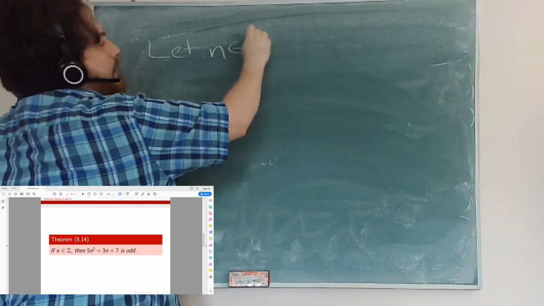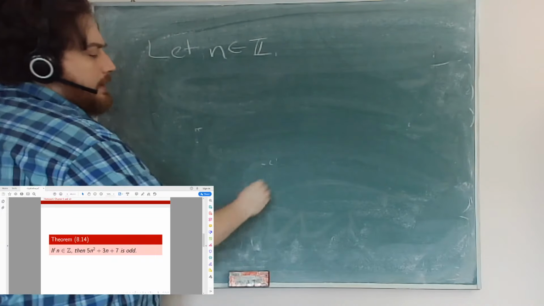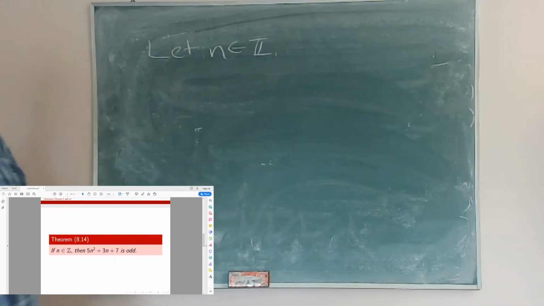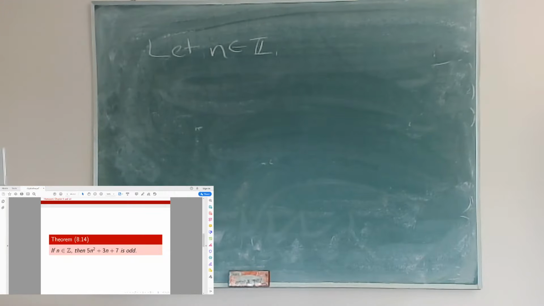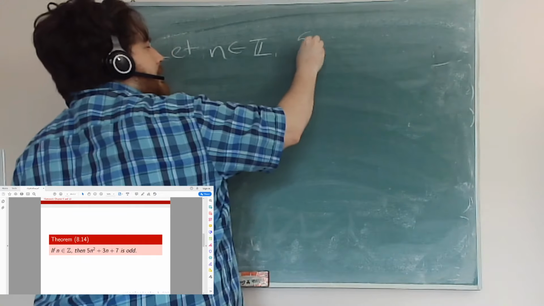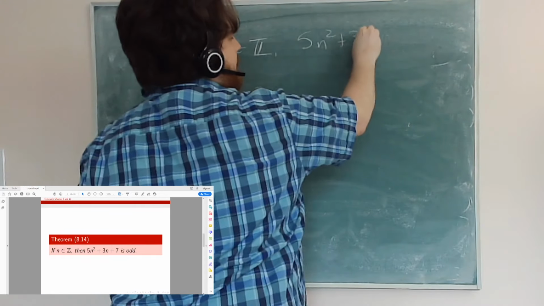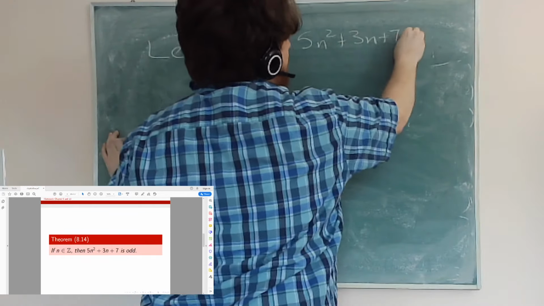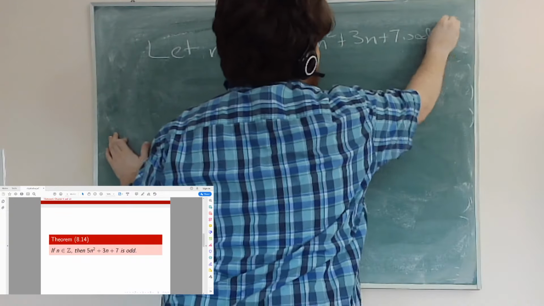Let n be an integer. Then I want to show that 5n squared plus 3n plus 7 is odd.